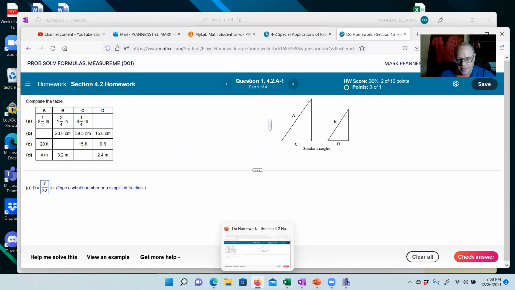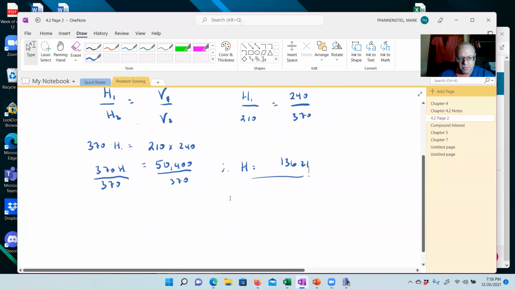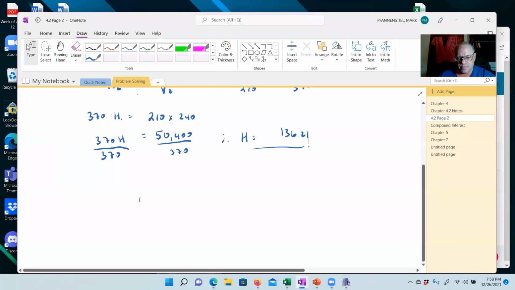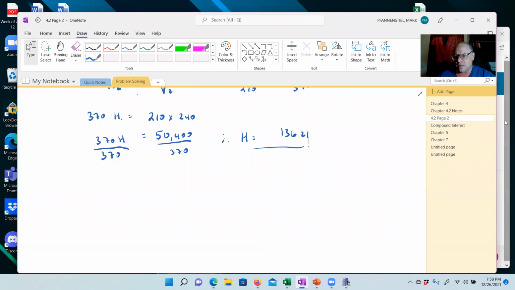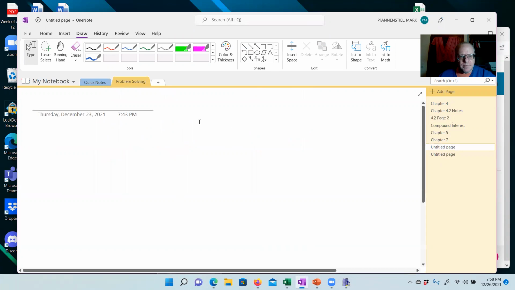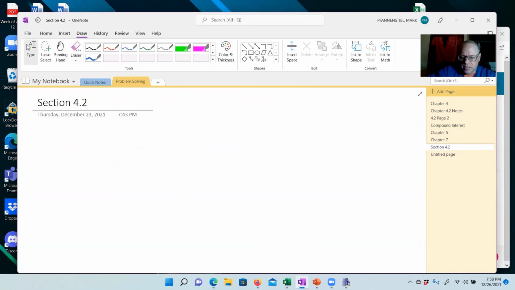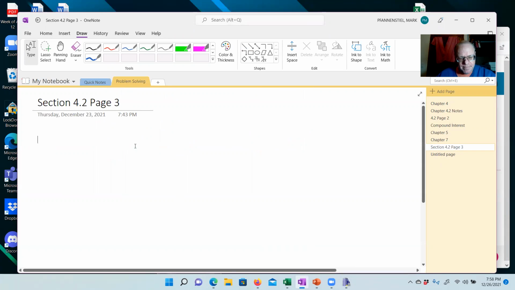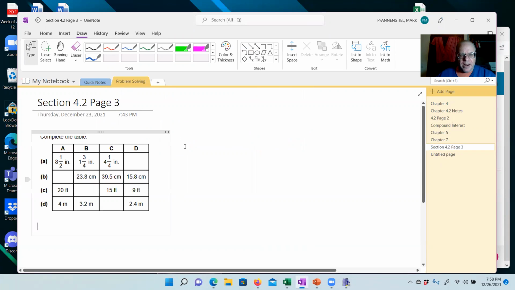So back to OneNote, I hope. Wow, this is a small board here. Oh, I got a page right here. Section 4.2, page 3. We'll put that up there.